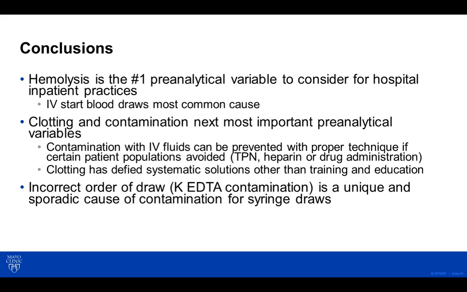If you're using TPN or giving dextrose, we have some exceptions, but 5 cc discard at minimum. And then if you can find some ways to deal with the heavy hitters, dextrose administration, TPN, total parenteral nutrition administration, giving heparin, a drug, when you're trying to measure the drug or the effects of that drug, if you can avoid those things, you can avoid a lot of the problems with contamination of specimens from collection through indwelling lines.